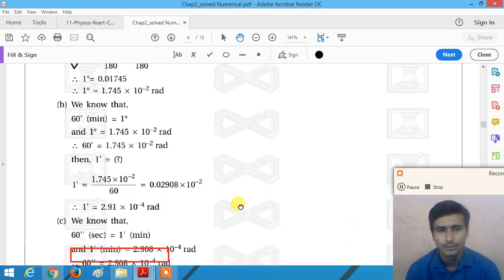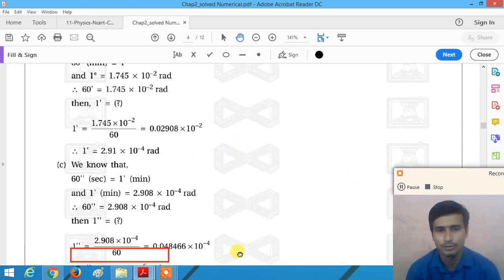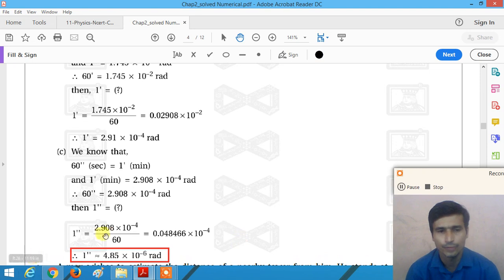Then 1 second is equal to how many radian? 1 second is equal to 1 minute divided by 60. So 2.908 into 10 raised to minus 4 divided by 60, we get 0.048466 into 10 raised to minus 4, that is approximately equal to 4.85 into 10 raised to minus 6 radian.